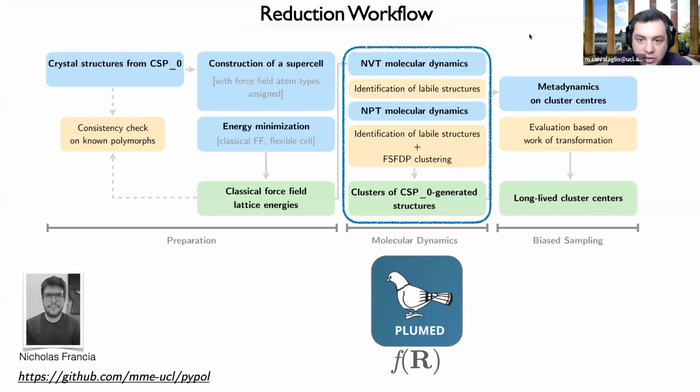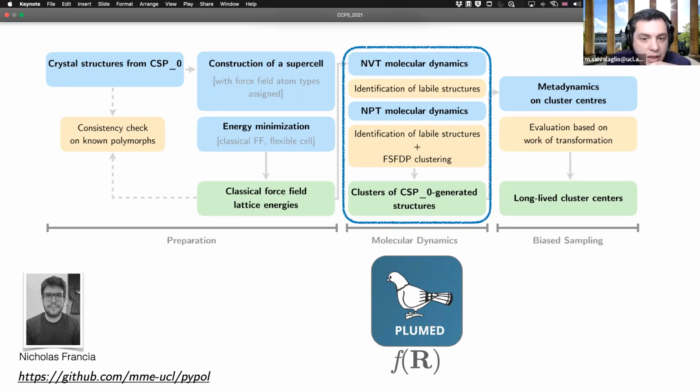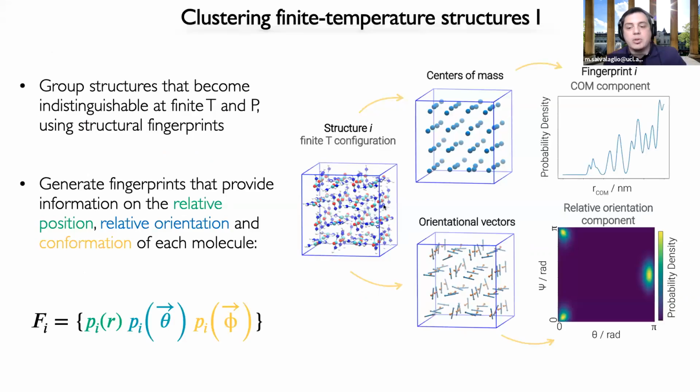So, taking a trajectory of a supercell and using PLUMED in order to define a metric to perform a clustering process. In order to do that, we have chosen to represent the state of a finite temperature supercell by defining a fingerprint that is essentially a collection of probability density functions.